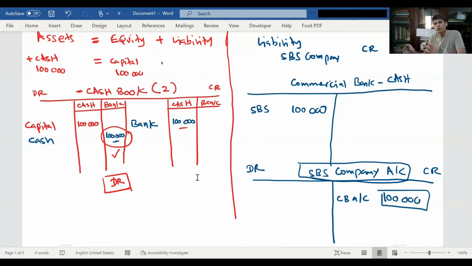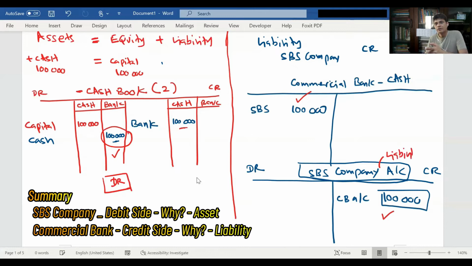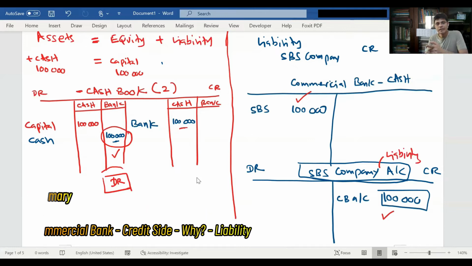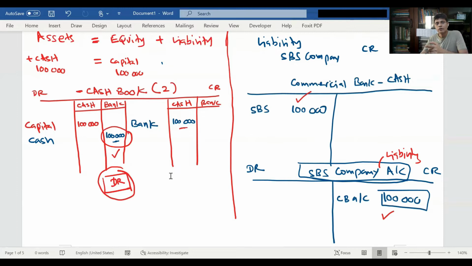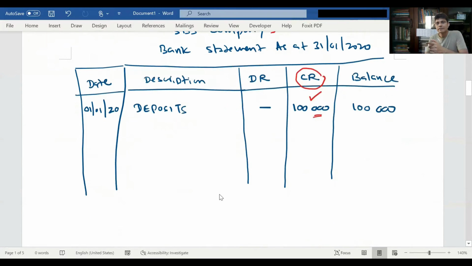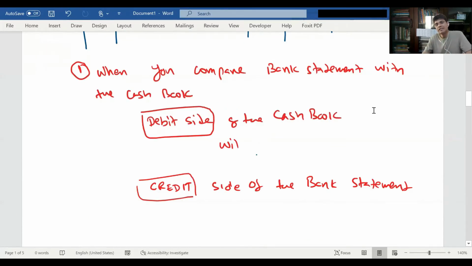From the bank's point of view, the bank debited their cash book and they credited our account, SBS account, because it's a liability. So therefore, when you compare the debit side in the cash book, you need to compare with the credit side. So reconciliation means you are reconciling your cash book balance with the bank statement, which means you are comparing whether it is matching.